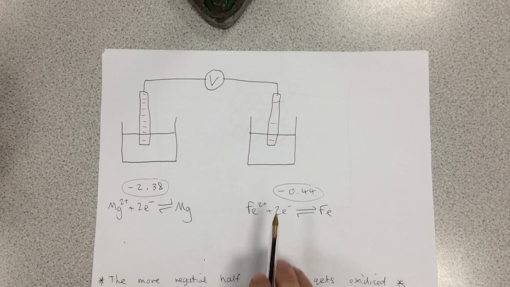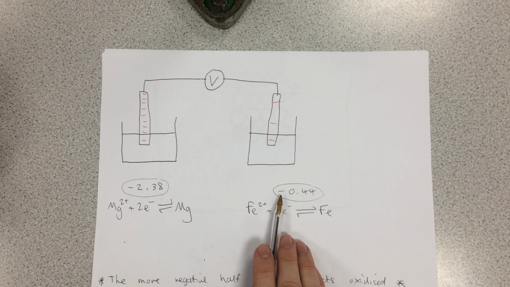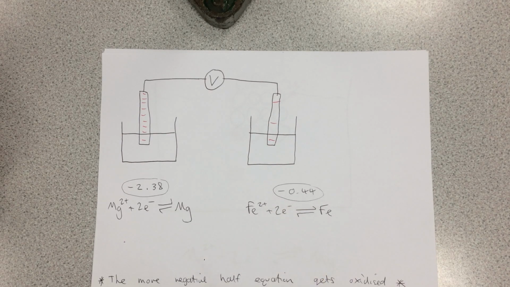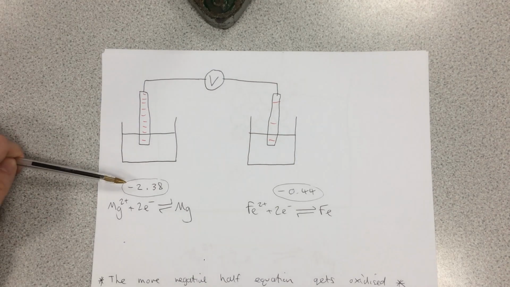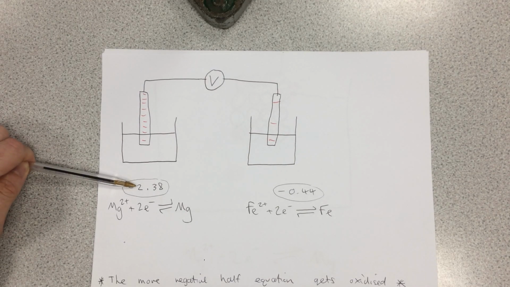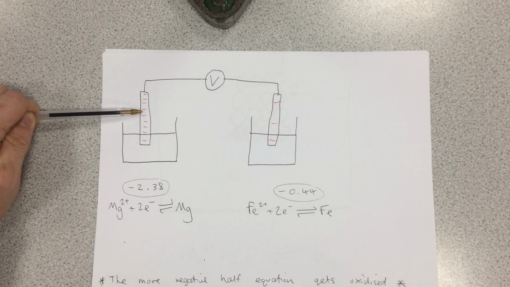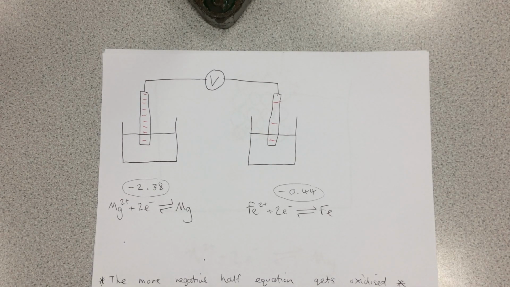It's worth pointing out, even if the electrode potential value was positive, there'd still be a little bit of electron density. The fact it's positive is just because it's a comparison to something called the hydrogen half cell. So there'll always be a little bit of electron density, but the more negative the electrode potential, the more electron density there is.